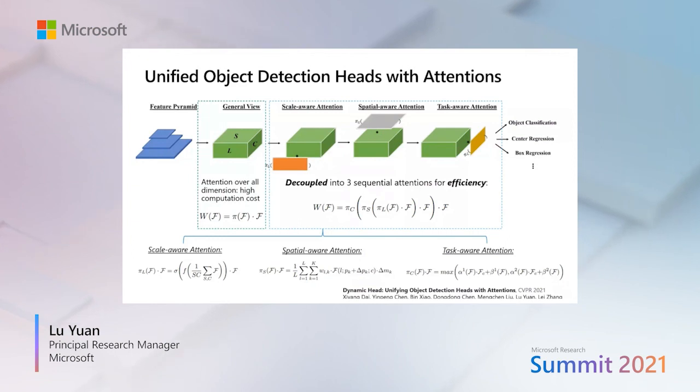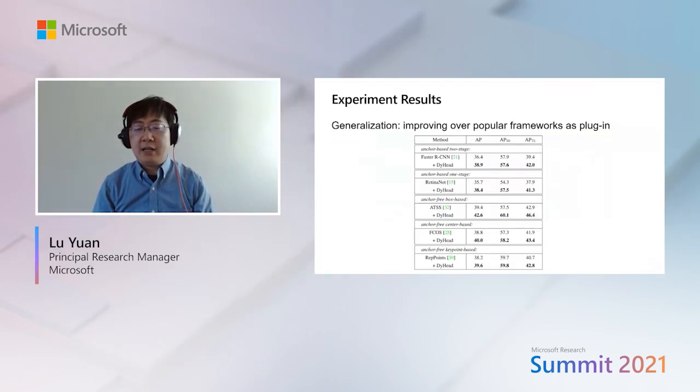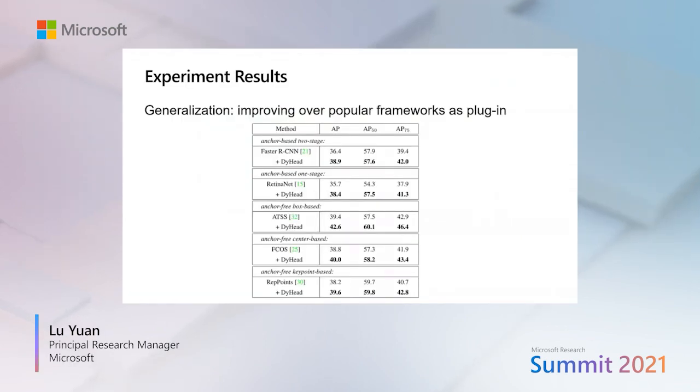Compared with full attention used in transformer layers, such decoupled attentions used in dynamic head can be more efficient for learning. This new dynamic head can achieve much better generalization and consistently improve any kind of object detection framework as a plug-in module.